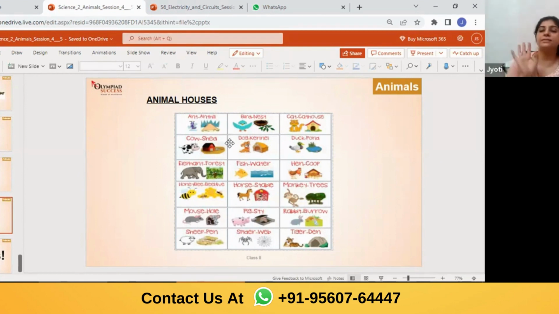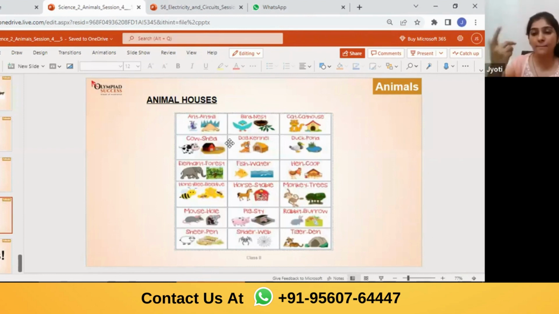Listen, listen. See, cats are arboreal animals. We are seeing the habitat. Habitat is where nature has provided them the house to live. Just keep that thing apart, that we keep dogs and cats as pets. Habitat is the place where God or nature has given them to live. Okay, habitat means that. Is that clear?